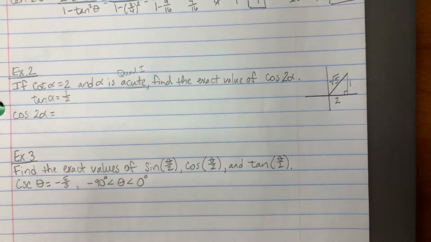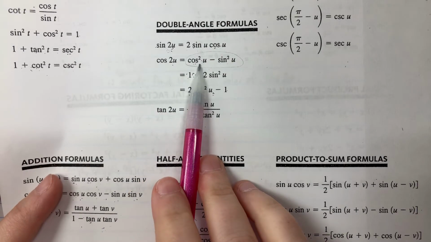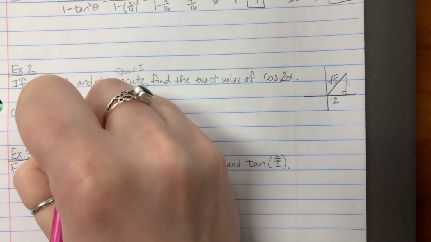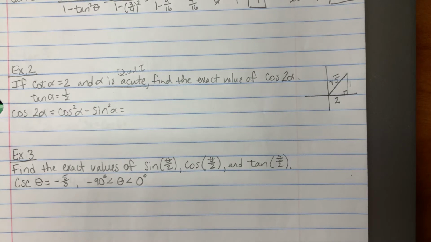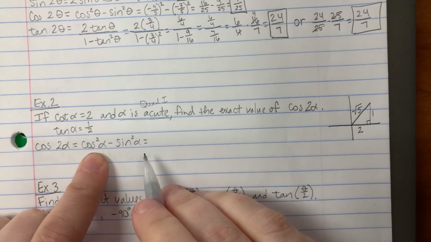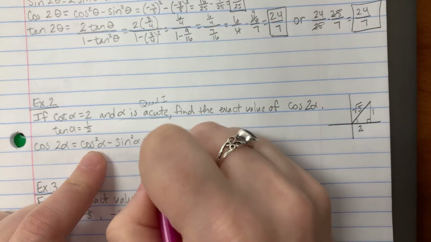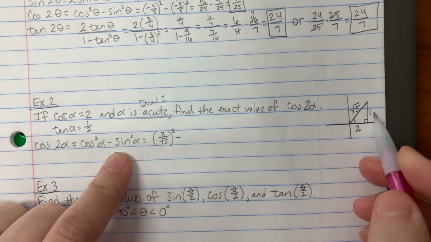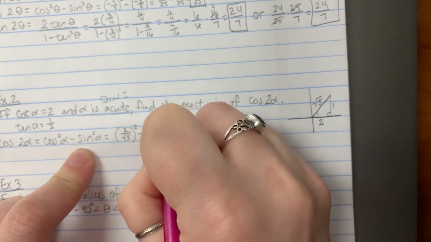of 2 alpha. So again, I'm going to go back to this. My cosine of 2 alpha would be cosine squared minus sine squared. So in this case, my cosine, if I'm looking at this angle, would be 2 over the square root of 5 squared, minus my sine, which would be 1 over the square root of 5 squared.